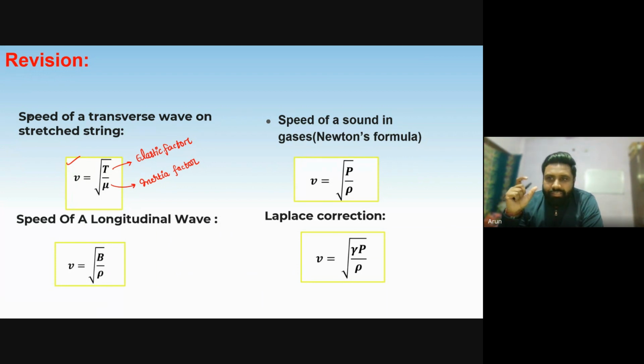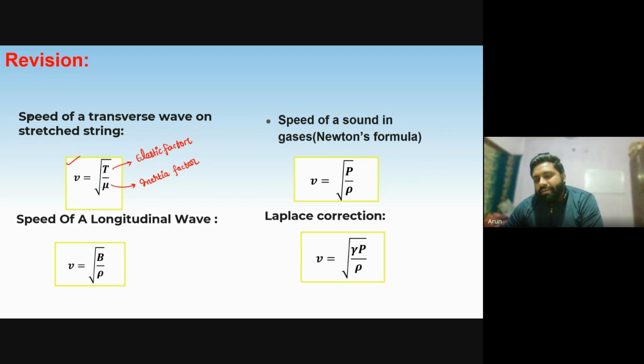The more elastic the material, the higher the vibration, so the higher the speed of the wave. That is why the elastic property is a directly dependent factor, and the inertia property is an inversely dependent factor.